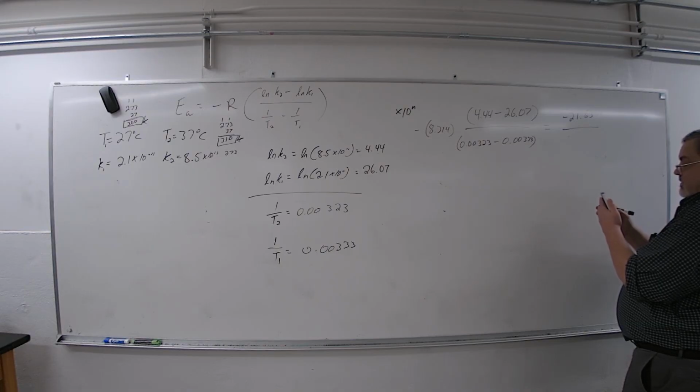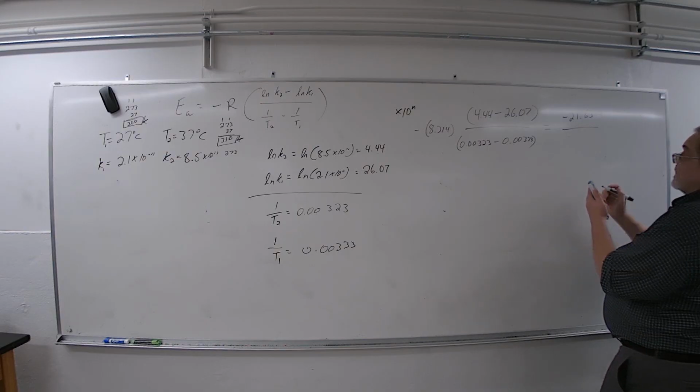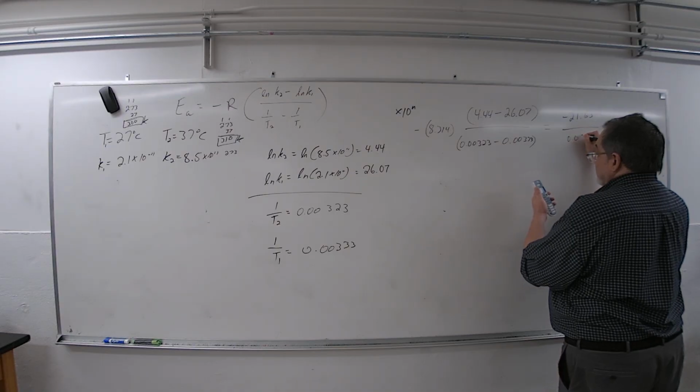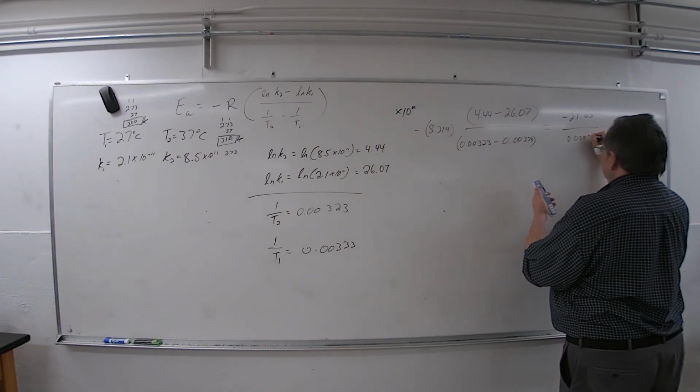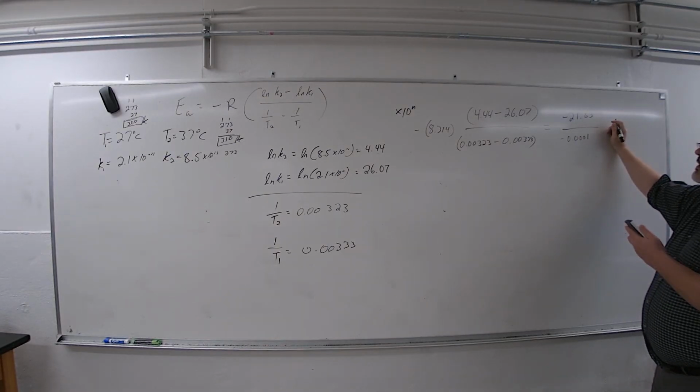Oh, wait, that's right. What did I do? 0.00323 minus 0.00333. 0.000 negative. Lower than T3.